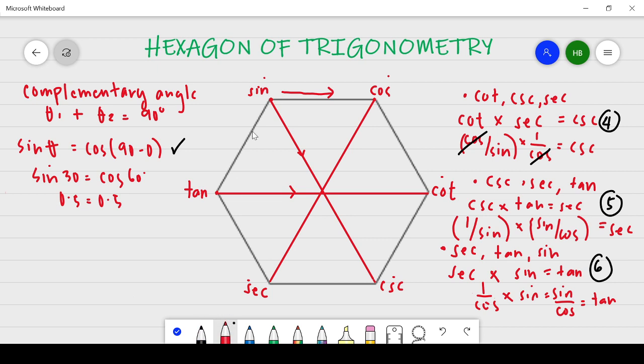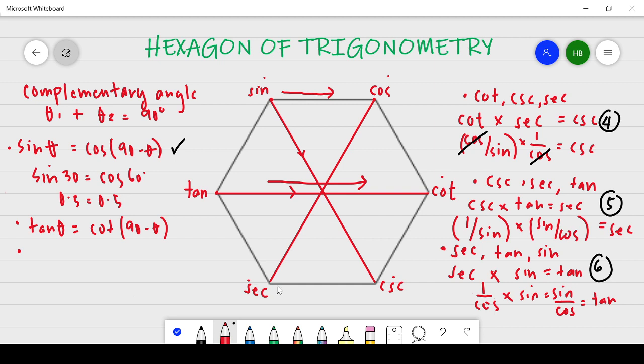Okay, so next naman tayo. Sa tangent naman tayo. Ano ba ang katapat niya horizontally? So that was your cotangent. So tangent theta is of course your cotangent of 90 minus theta.